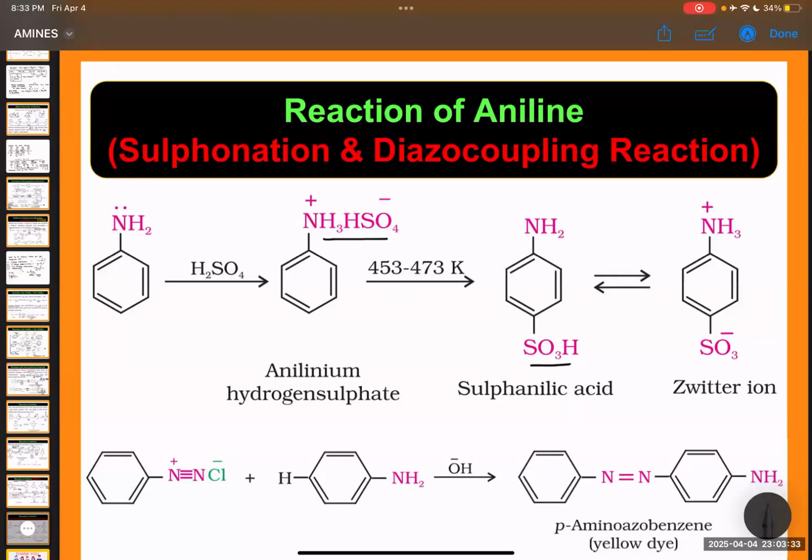What is a zwitterion? A zwitterion is a dipolar ion, where you get a positive charge and a negative charge.